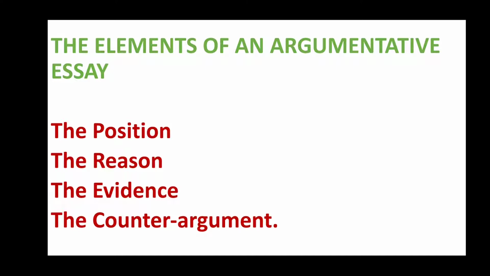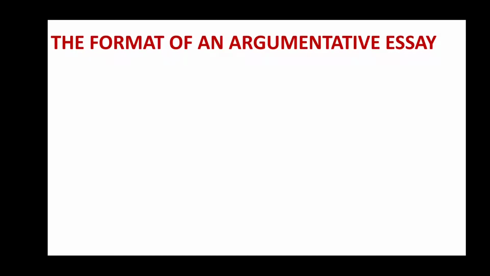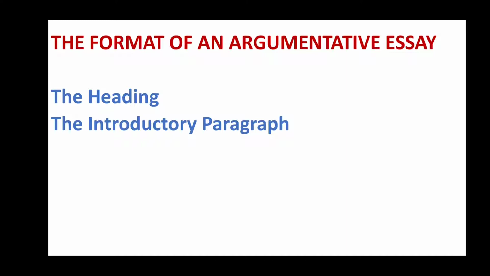You know what side A is about and side B is about. So you have an in-depth knowledge of what you've been asked to write on. Okay? From there, we moved on to the format of an argumentative essay. We said it includes the heading, the introductory paragraph, the body, and of course, the conclusion. Okay, so that is it.